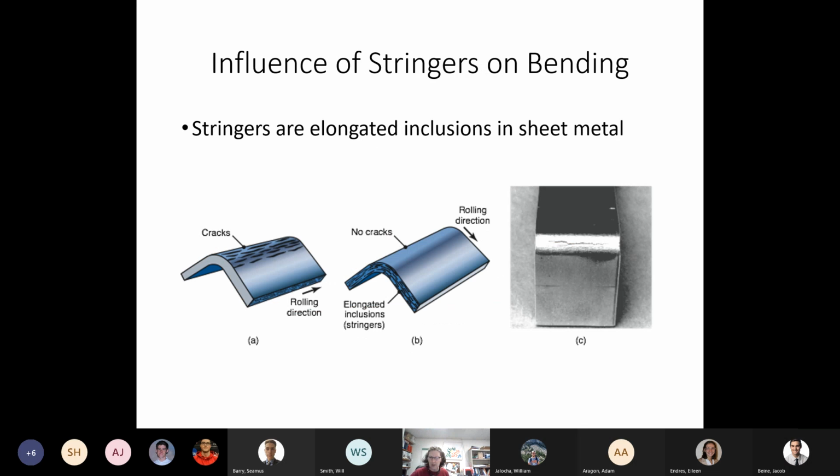So let's look at the next one, because we'll circle back and finish on a topic related to bulk deformation. Okay, so stringers, again, in our sheet metal, these are those inclusions that deform and are aligned along the rolling direction.